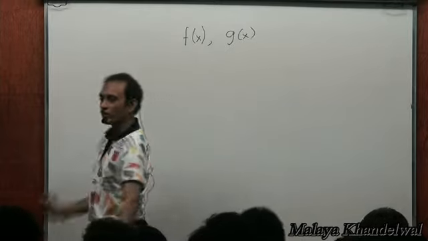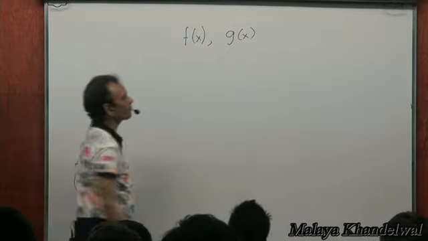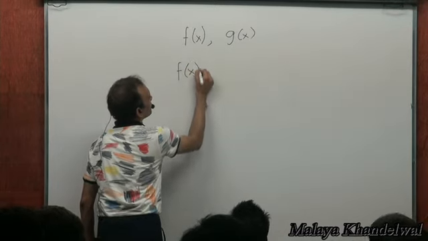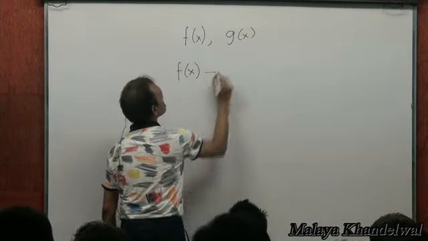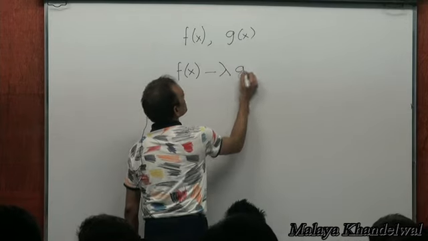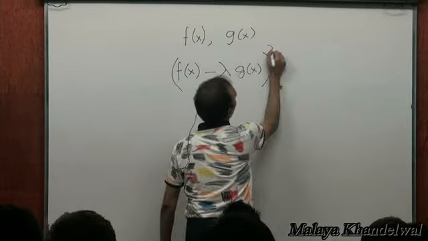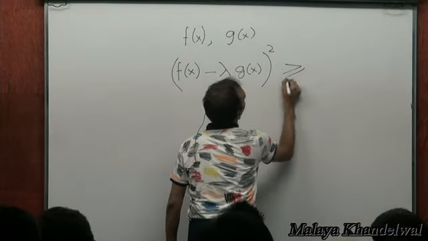Fx and gx are two functions, right? Then can I say this? Fx minus lambda gx, whole squared, is always greater than or equal to 0?